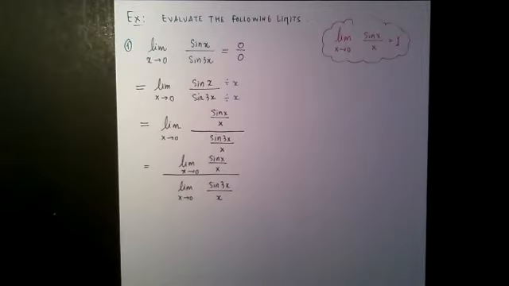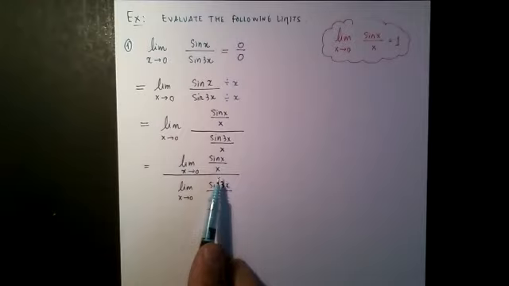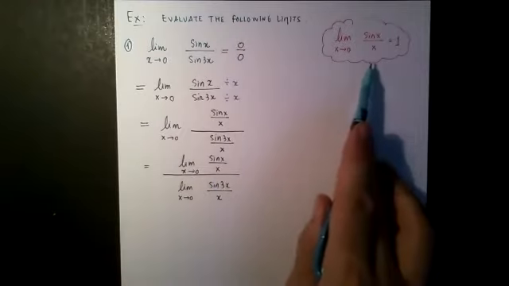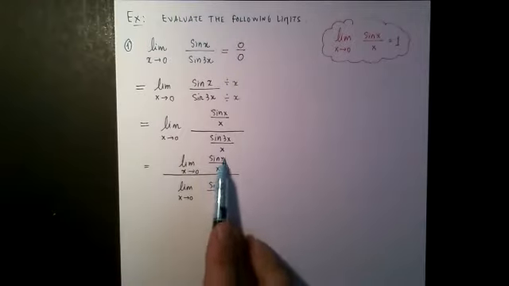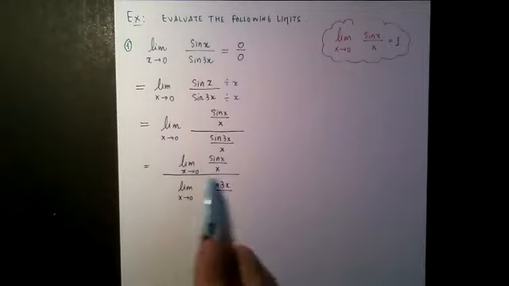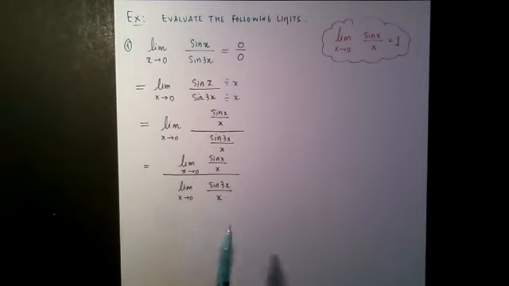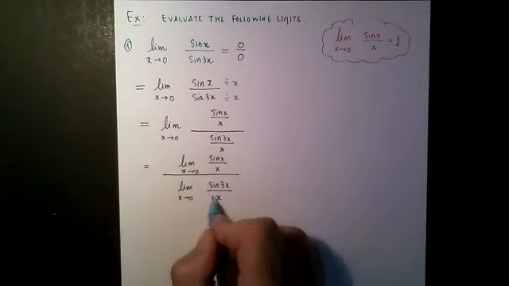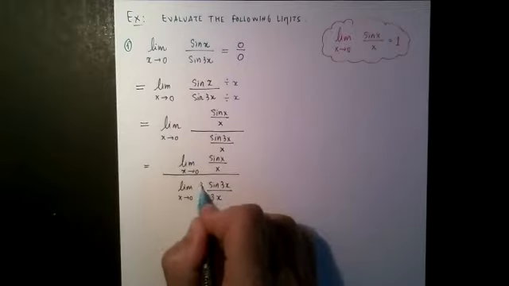Okay, so now I end up with 2 limits to evaluate, the top limit and the bottom limit. The top limit is very simple. Of course, it's 1. The limit as x approaches 0 of sine x over x is 1. And the bottom I have to do a bit of work, but this is nothing new for us. I'm just going to multiply by 3 on the bottom and 3 on the top.